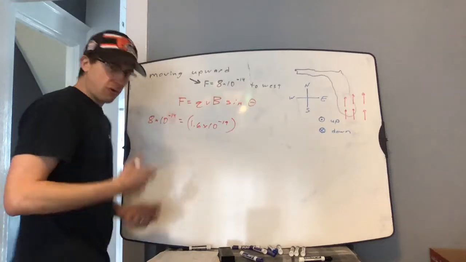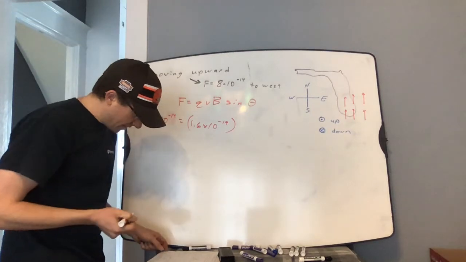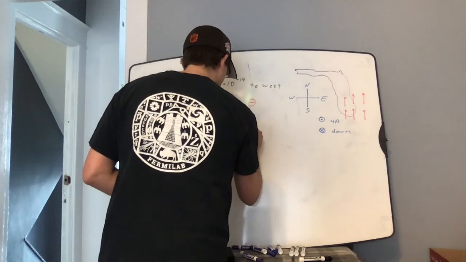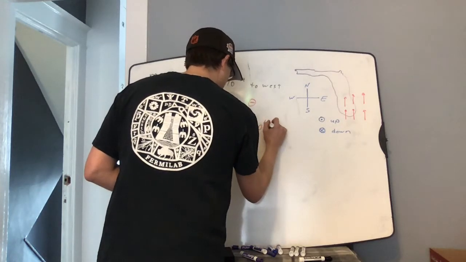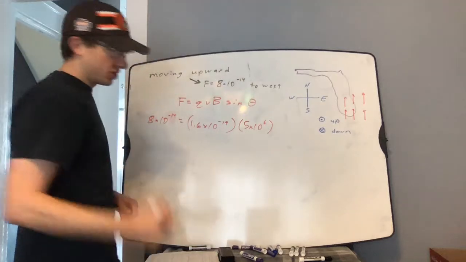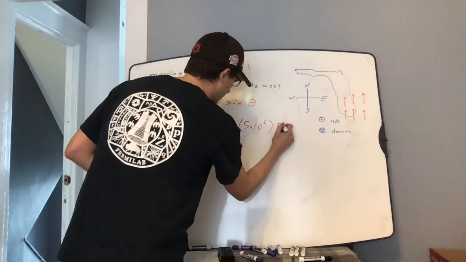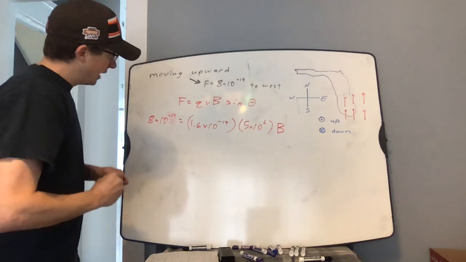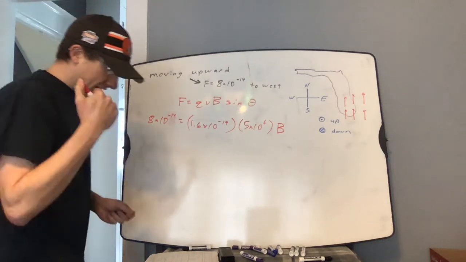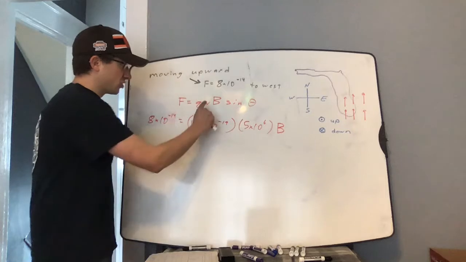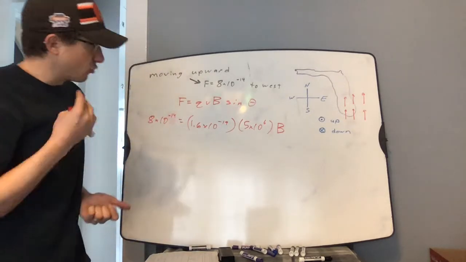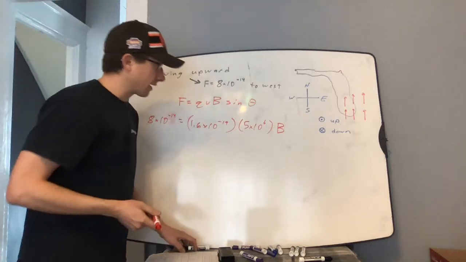The speed of the proton was given in the problem as 5 times 10 to the 6 meters per second. We do not know the strength of the magnetic field, so I'll leave that as B. And the sine of the angle represents the angle between the direction of V and the direction of B. So the angle between the direction of motion and the direction of magnetic field.